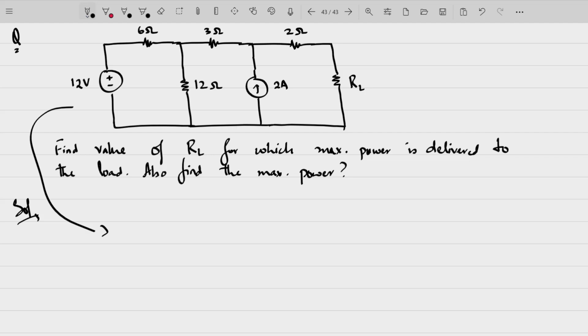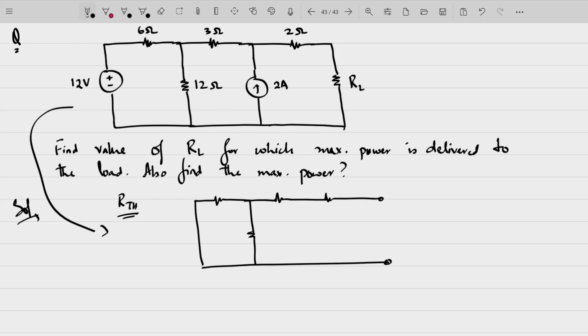To find the Thevenin's equivalent, first you need to find RTH and VTH. The resistors are 6 ohms, 12 ohms, 3 ohms, 2 ohms. Looking into this, our equivalent is 6 parallel 12 plus 5.